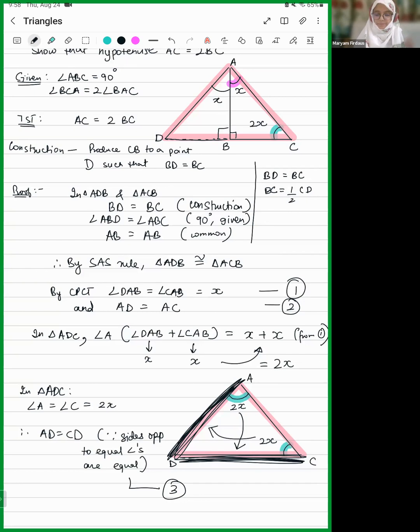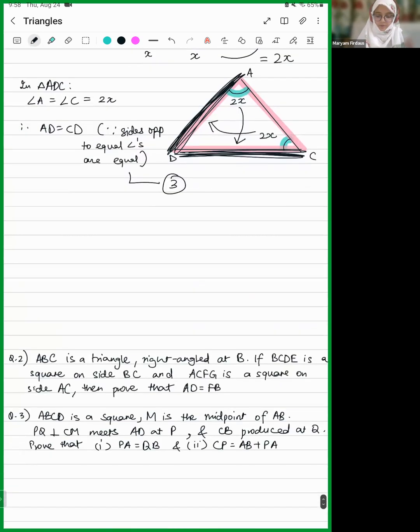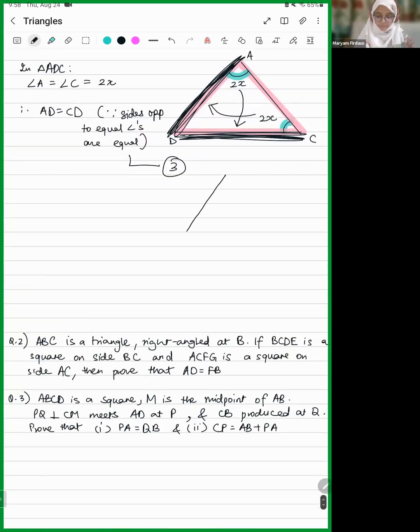See, let's draw it again over here. Forget about this triangle. I'm going to draw this. This is D, this is your B, and this is your C. See, Avni, by construction, what did we construct? We are going to extend this line in such a way that this length is equal to this length.